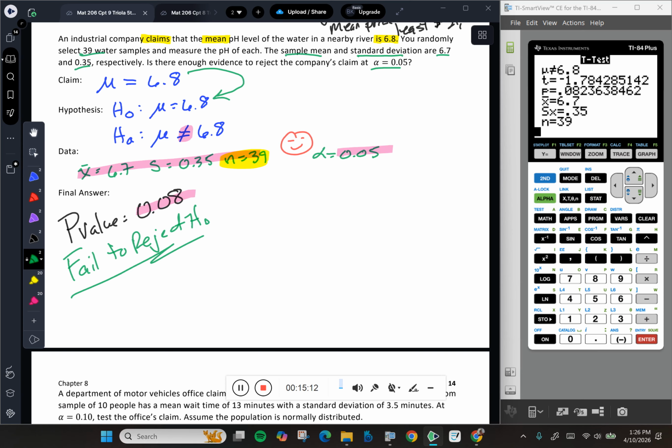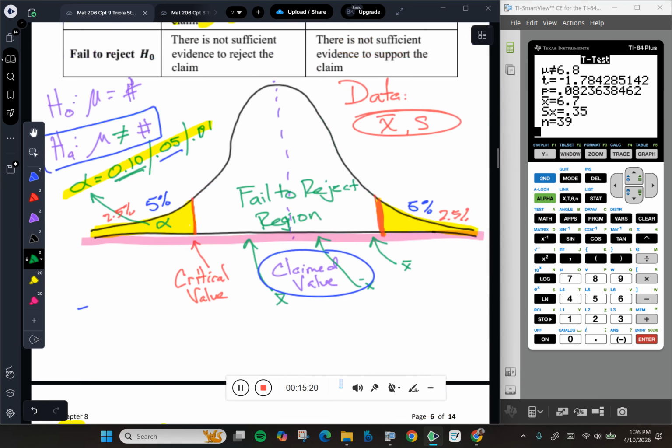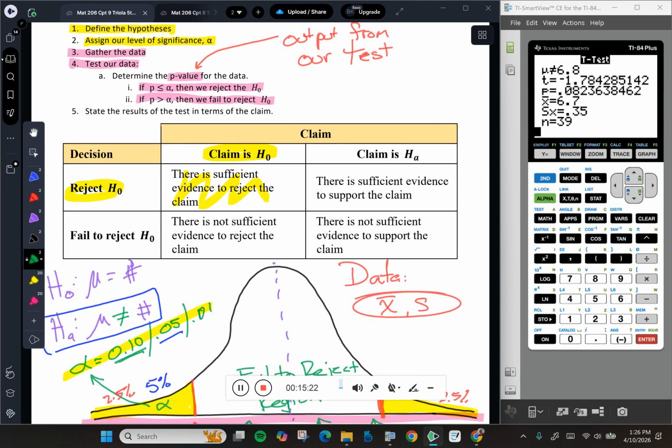So I'll go back and take a look at that little chart. Okay, there's my little chart. The claim was the null. The math failed to reject, so this is our answer: there is not enough evidence, not sufficient evidence, to reject the claim.